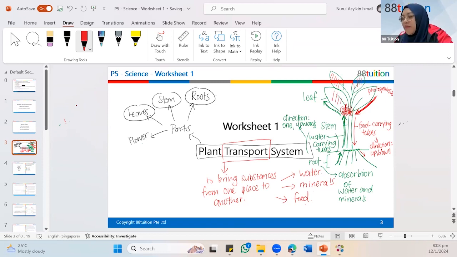So when they make food, let's say you have a fruit growing here, the growth of the fruit requires more resources. One of them can be food. Among other things, the growing fruit also needs food. So what they can do is this leaf here can also transport the food downwards.